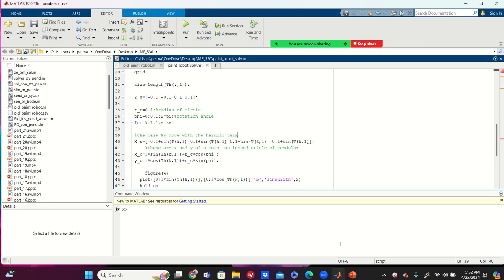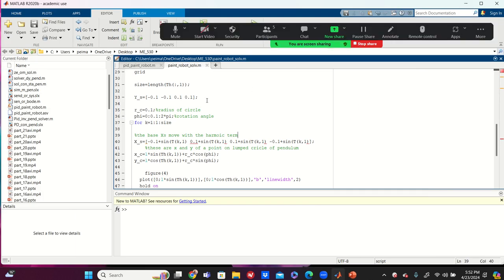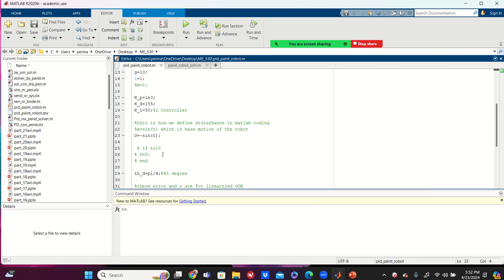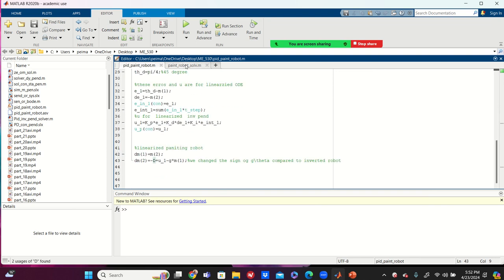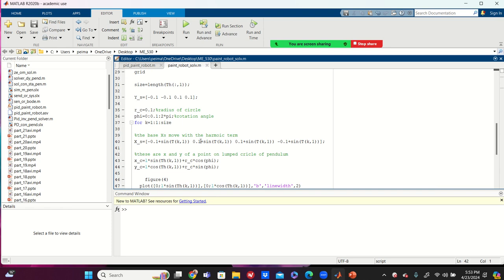As I told you, look here. Your x is sine of t. Double derivative, we put it here as minus sine of t. That's right. So I want to make sure that this time minus again. Okay, good. So 0.1 and, oh, you see what I'm doing exactly? The base is moving as sine of t in every iteration. Here we go. So x of c.